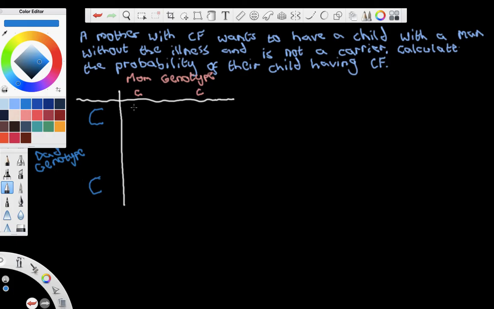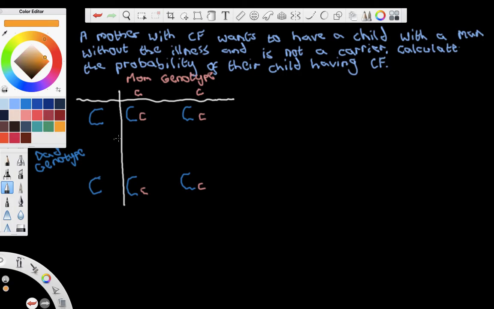We can fill in the rows first, capital C, dad's down here, capital C, capital C. We can then fill in mom's alleles. She can only provide lowercase c's.